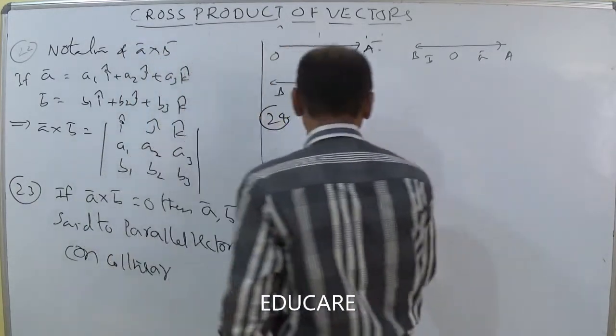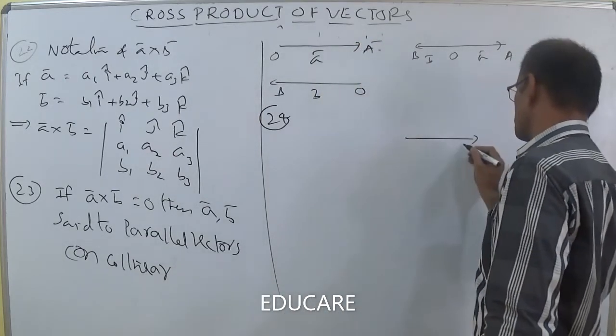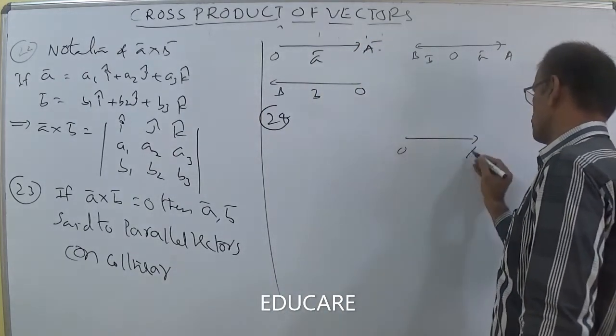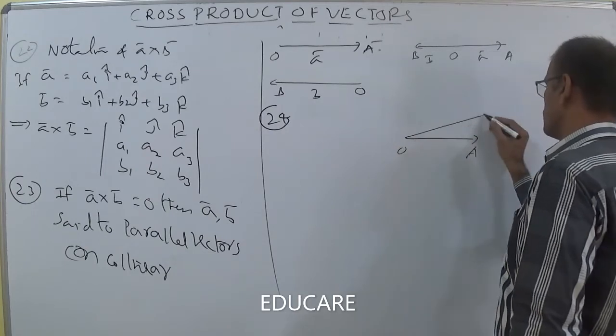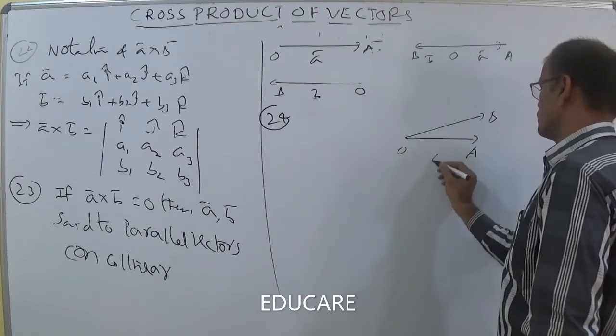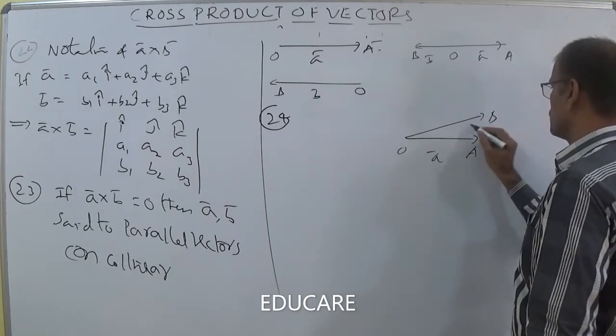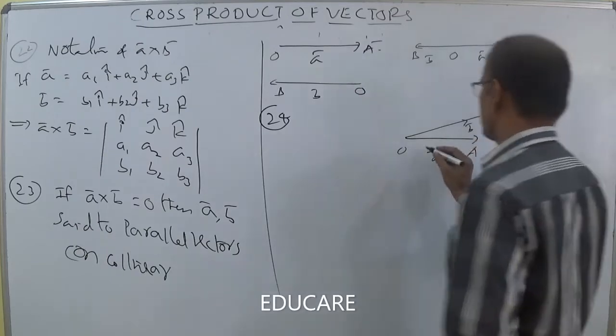Another diagram I am drawing, you can try to understand. Let this be O, this is A, and this is B. This is A bar and this is B bar.